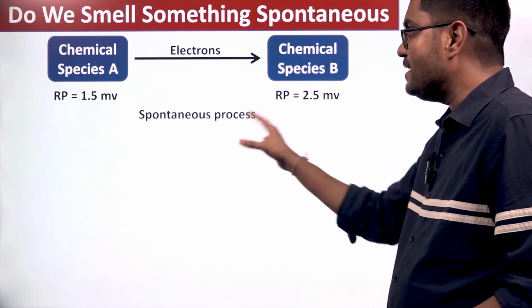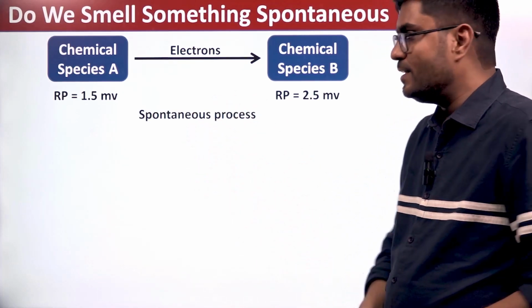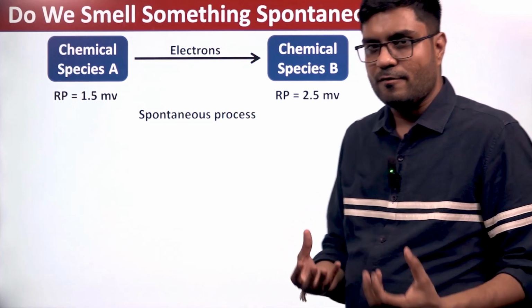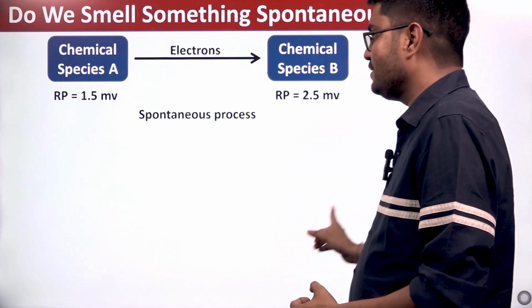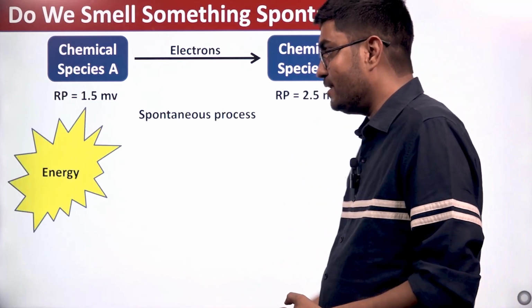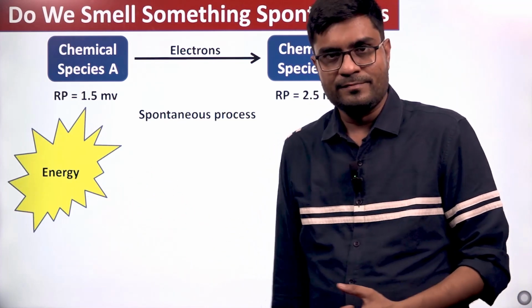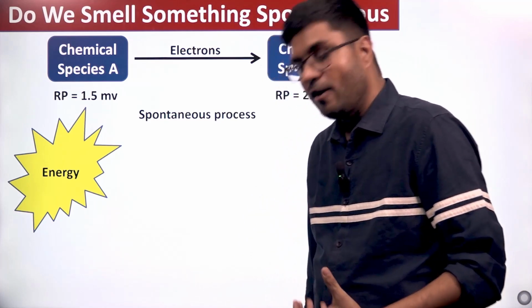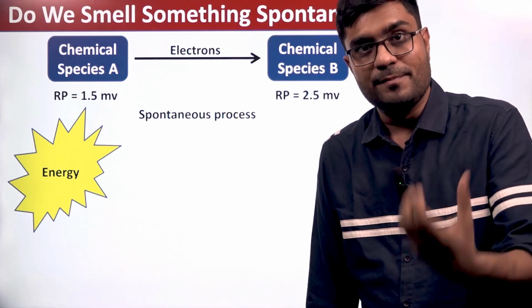The process is spontaneous. Whenever the word spontaneous comes into the picture of biochemical sciences, it is always associated with the release of energy. Every spontaneous process has negative delta G, or some amount of energy will be released.